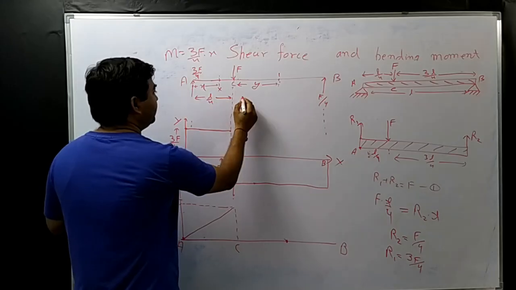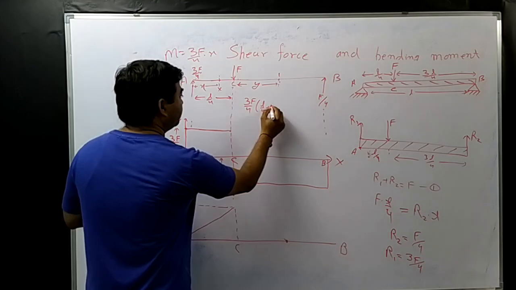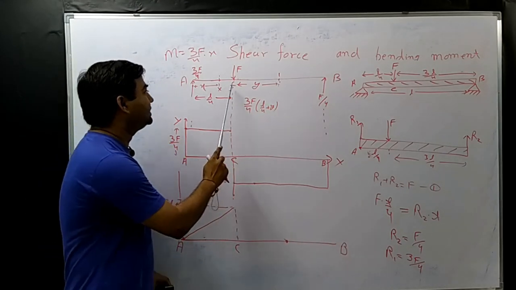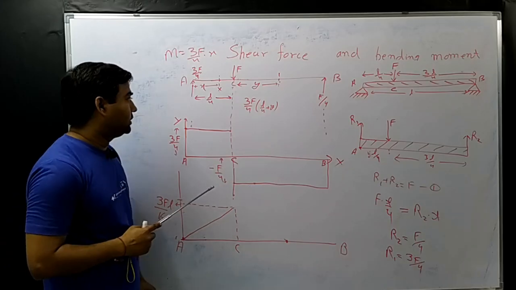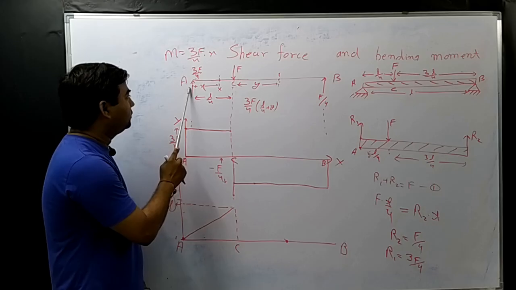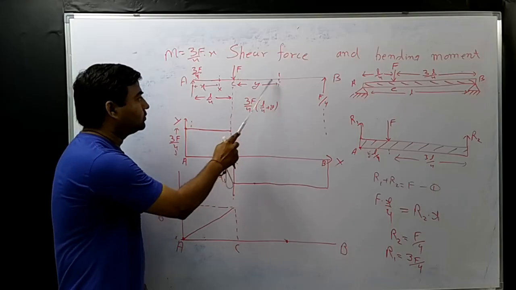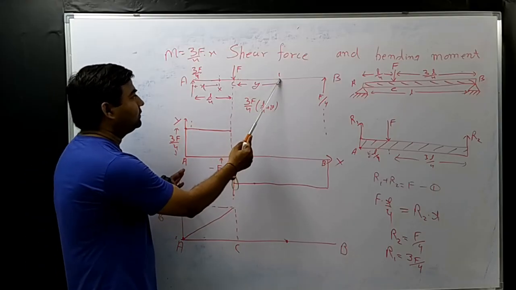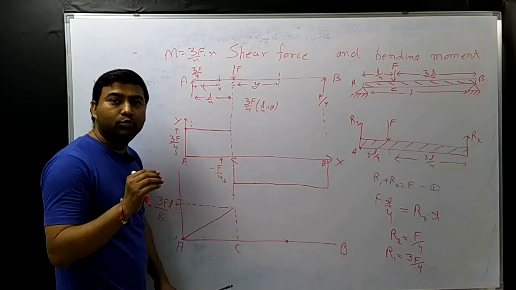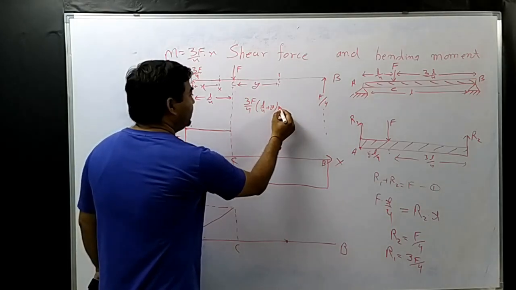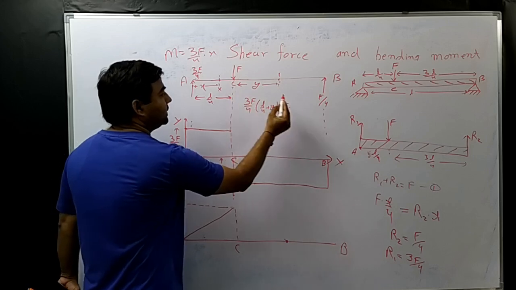So the moment due to 3F by 4 is 3F by 4 into (L by 4 plus Y). Now the second leftward force is this F, which is downward, and its moment will be taken negative. So its moment is minus F into this distance Y.